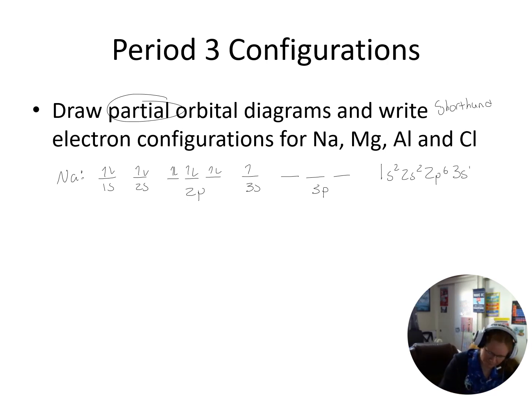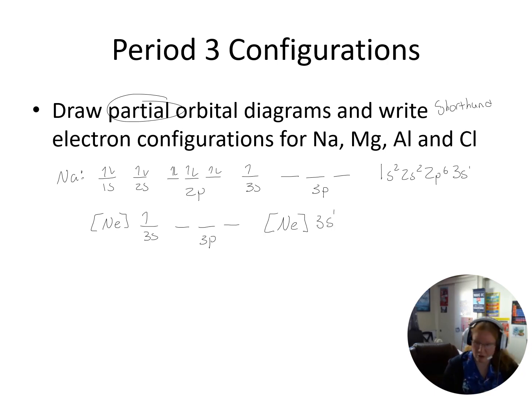So what's better is to go ahead and write our neon. And now I'm going to do 3s, 3p. I'll get that. And I'll write that. Okay? So I can do the same thing for magnesium.